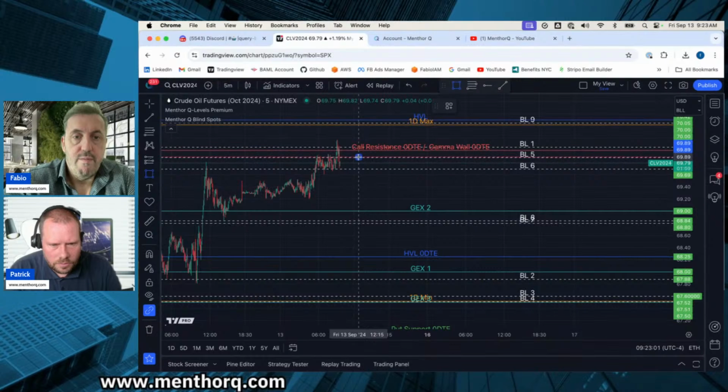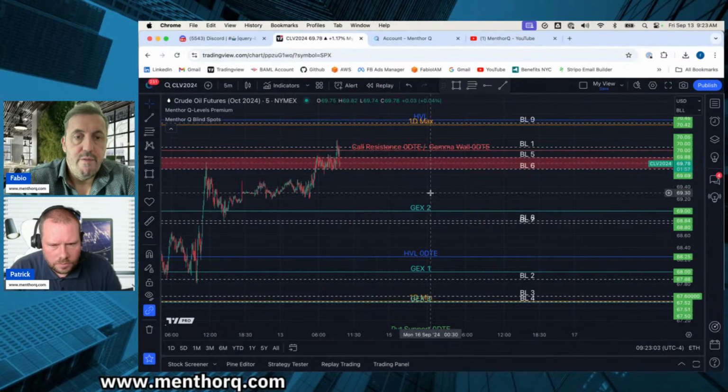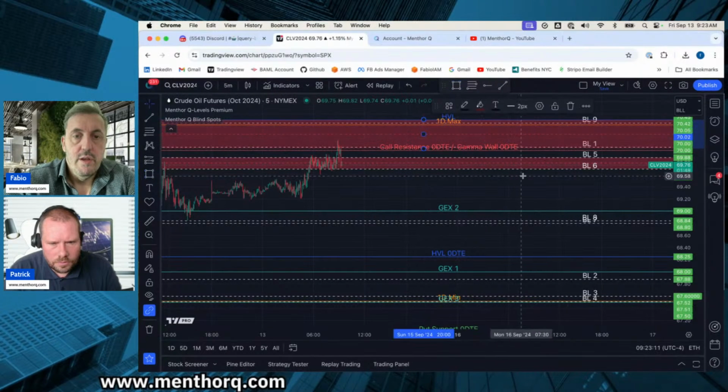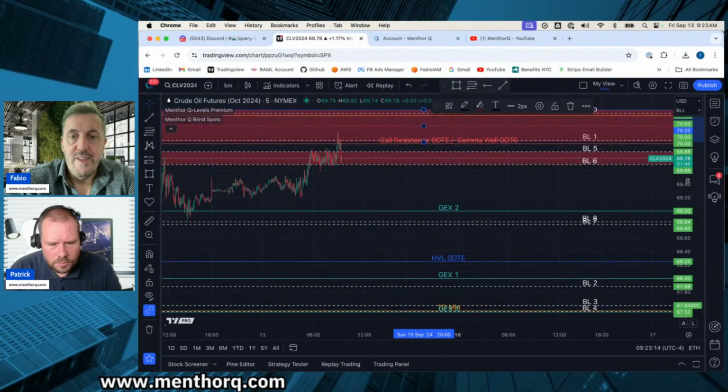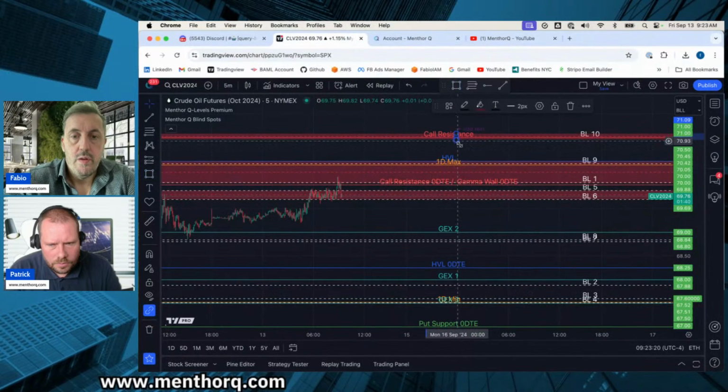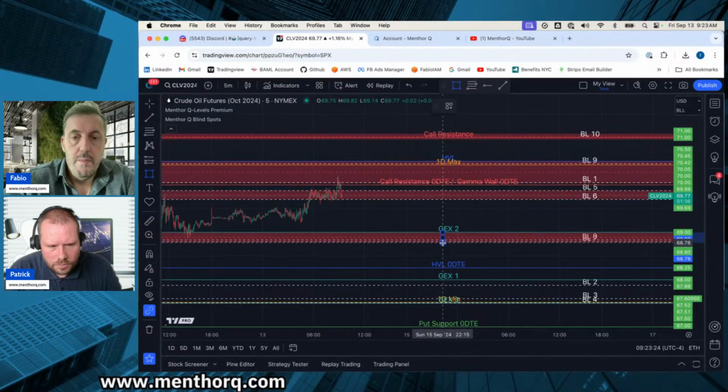So the levels played out during this choppy session. Now we are at the core resistance, and we have some interesting areas from the high vol level to the core resistance here. So let's see if we can see a break. We have our core resistance right here. And then to the downside, we have our JAX2, BL9.